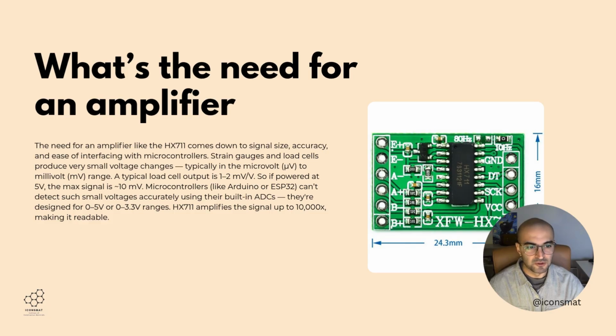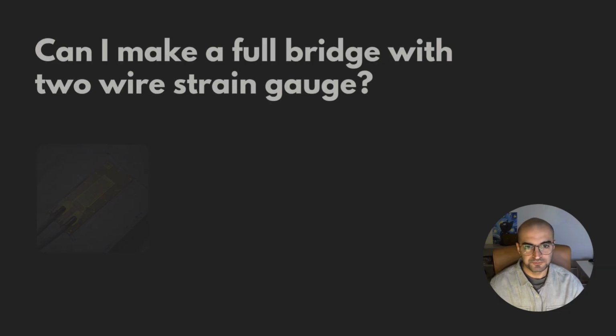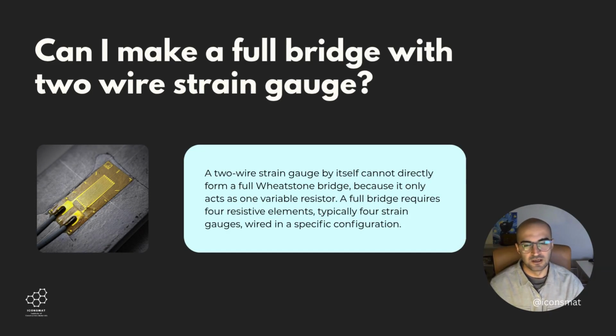So in order to read those signals sent by the strain gauge, we need an amplifier. And HX711 amplifies the signal up to almost 10,000 times more, making it readable for commonly used microcontrollers. So that's why we need an amplifier.